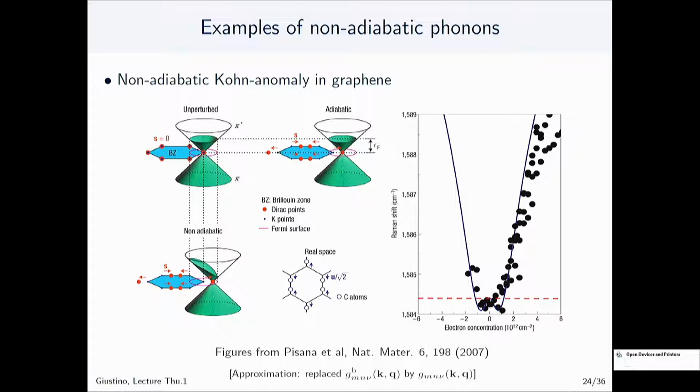Now, if this displacement is dynamic, you can imagine a Brillouin zone and the Dirac cones moving slowly. In the adiabatic approximation, the electrons are always in the ground state, meaning that there is one Fermi level and all the electrons fill all the states up to the Fermi level. The problem is that in graphene, the phonons have an energy of 200 millivolts, so they go very fast. This means they are moving so fast that the electrons don't have time to relax to the ground state.